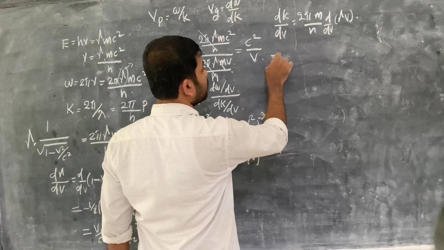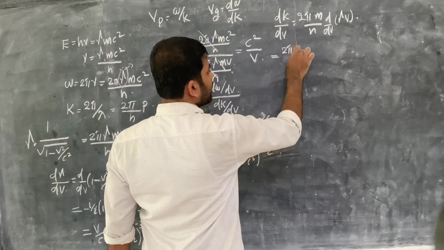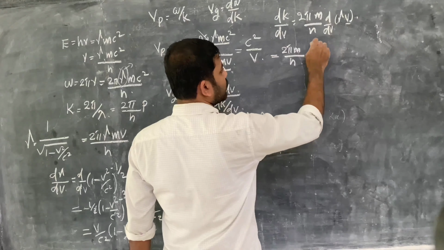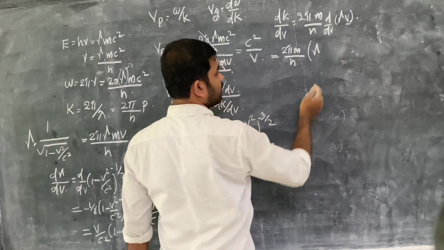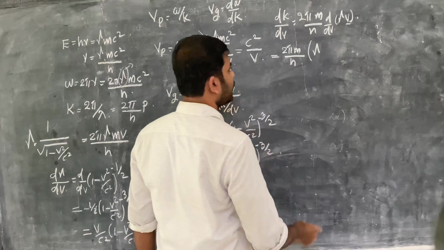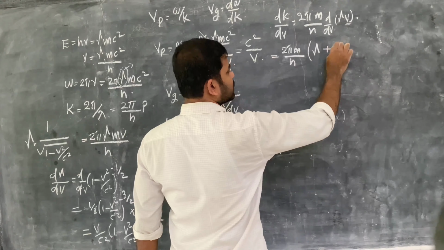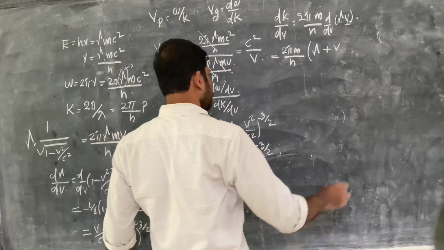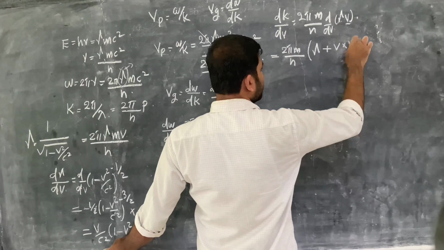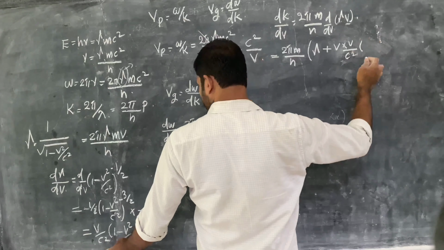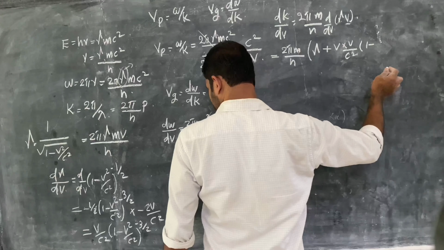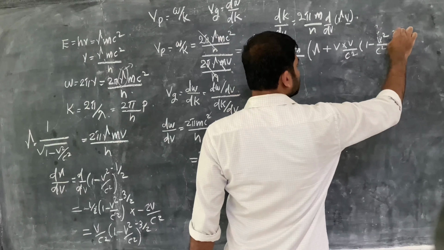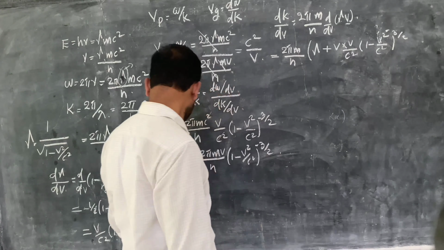So that is equal to 2 pi m divided by h. Here, first function into the differential of the second function, that is v, so it becomes 1, plus second function into the differential of the first function that we already calculated, that is v divided by c square into (1 minus v square divided by c square) all raised to minus 3 by 2.